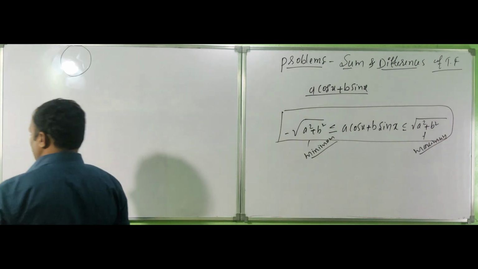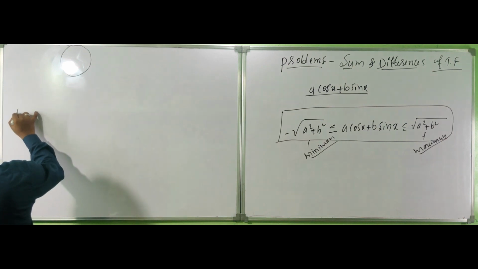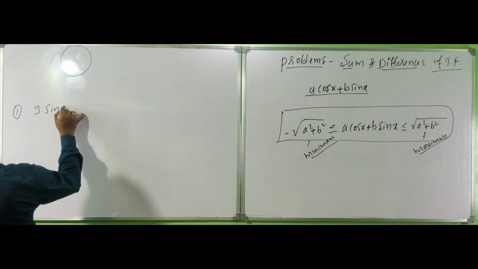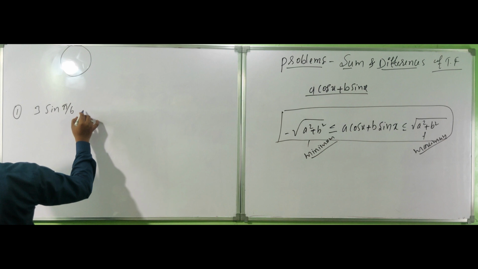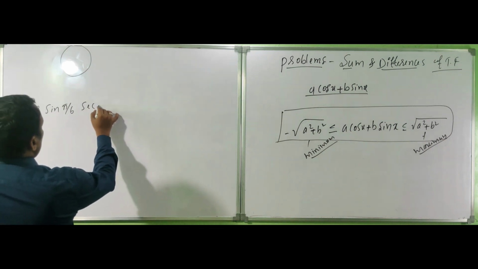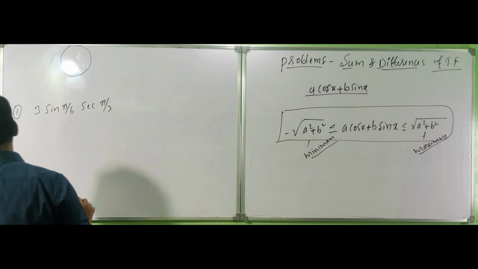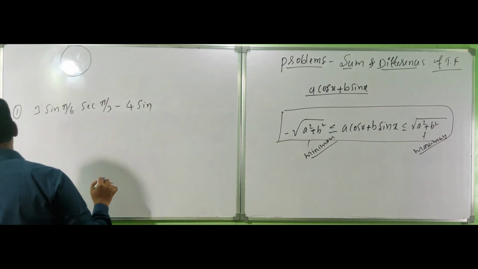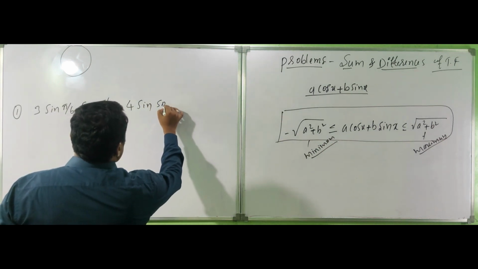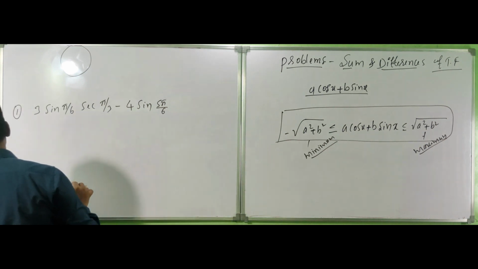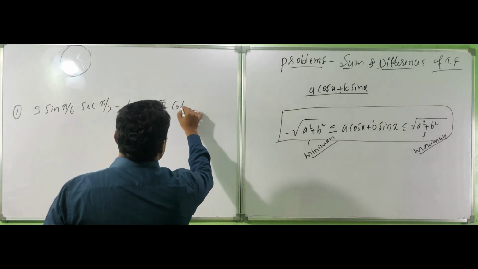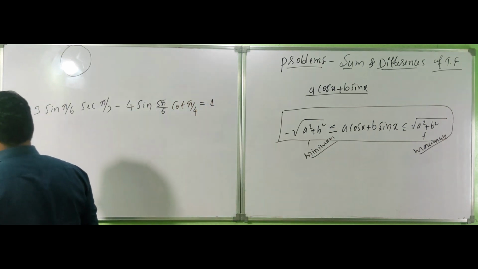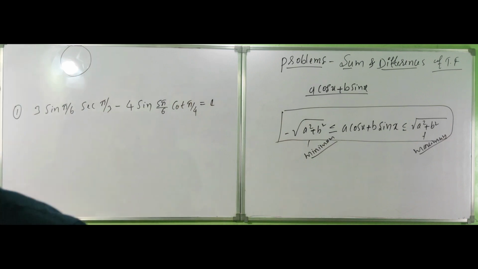Question number 1: prove the following: 3 sin(pi/6) sec(pi/3) minus 4 sin(5pi/6) cot(pi/4) is equal to 1. This is the concept.